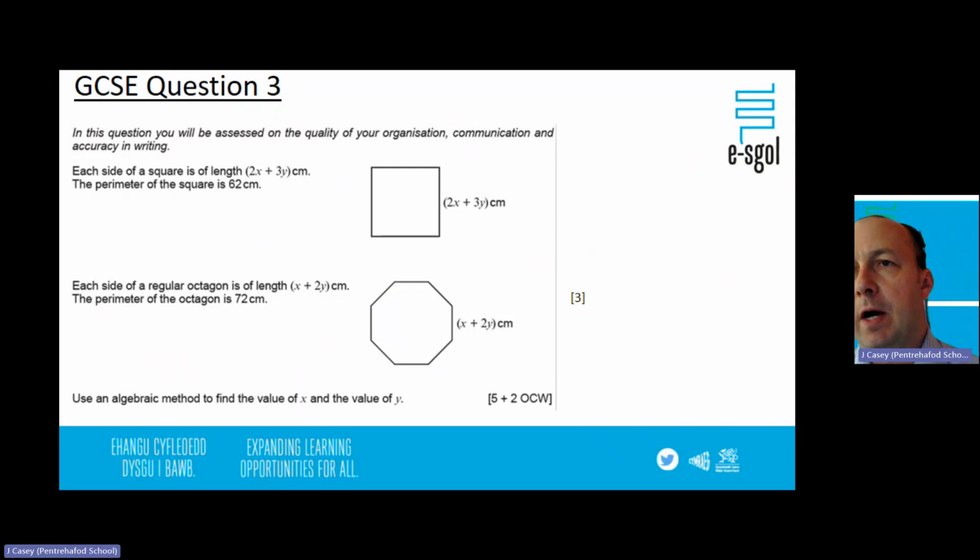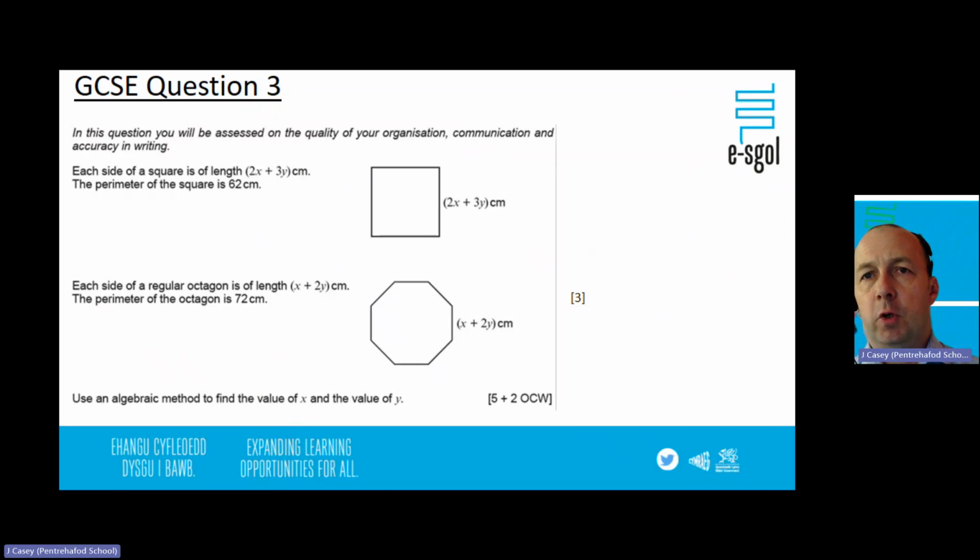For the OCW marks, you get 2 marks for your organization, your communication, your accuracy of writing. They look for things like labels at different stages. They also look for things like whether you've used the correct units. So there's various things that you should discuss with your teacher, how you're going to get your OCW marks. Of course, those 2 marks could be the difference of a grade from a B to a C, for example. So you try and get those marks.